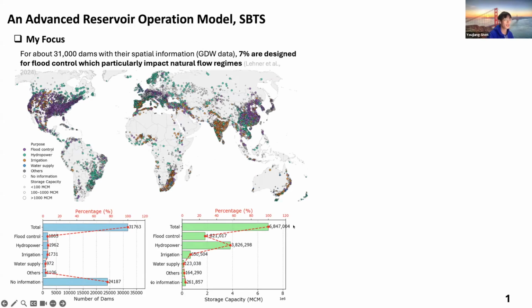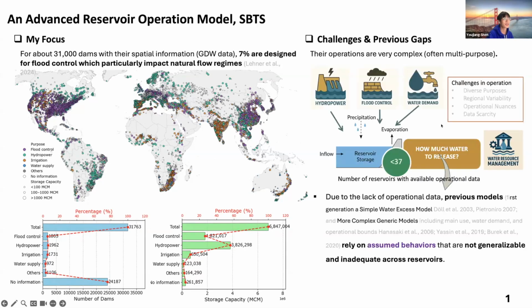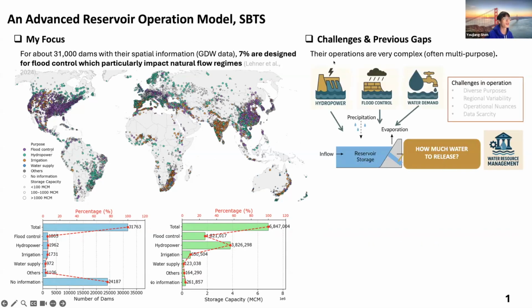And actually in reality, their operations are very complex. They have to balance different purposes, and they are also involved with regional variability and operational decisions by human beings.